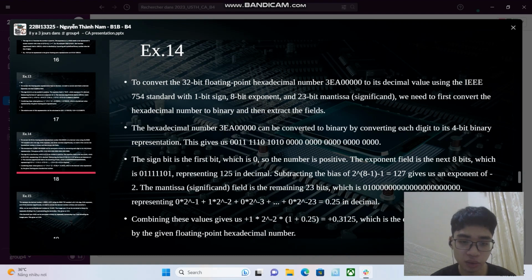Combining the values gives us positive 2 to the power negative 2 times 1 plus 0.25, and equals positive 0.3125, which is the decimal value represented by the given floating point hexadecimal number.